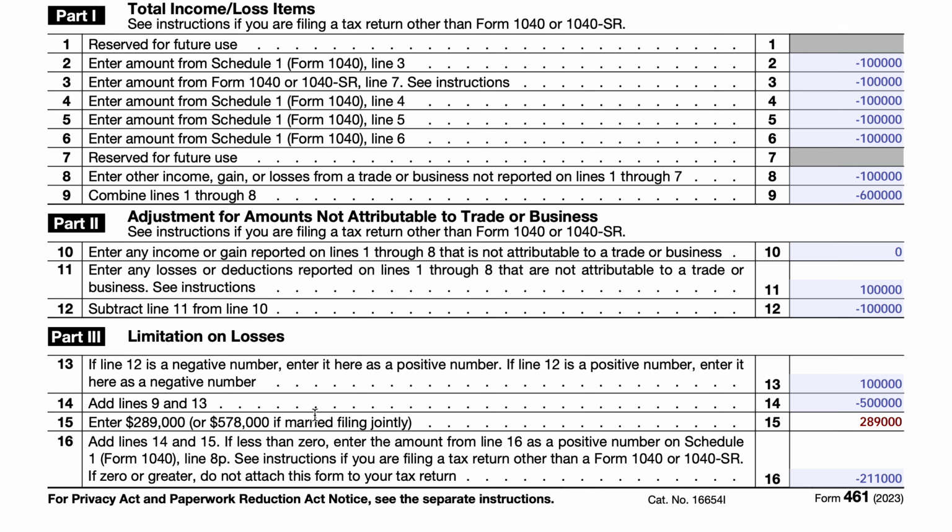The last key note is that there are ordering rules that apply. So in the form instructions, if you have anything to do with at-risk limitations, those are applied first. So the at-risk rules basically mean that if a certain amount of your investment is guaranteed or protected against loss, then you're really not at risk for that portion of your money.